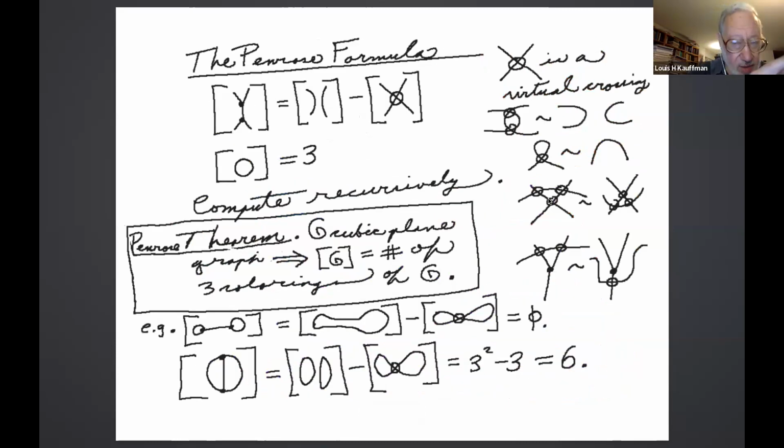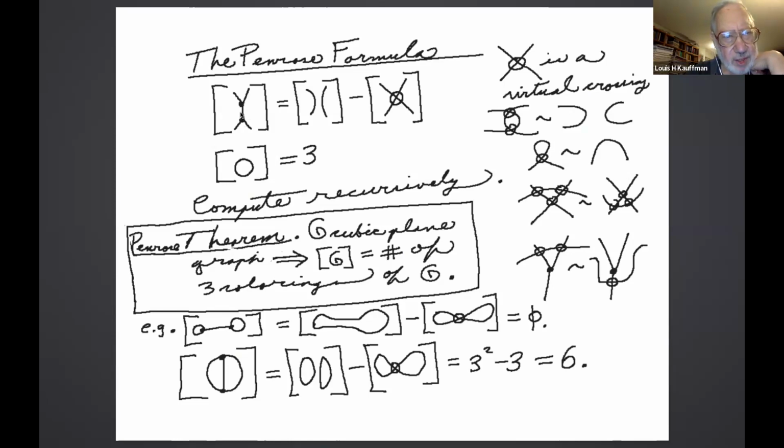Now, I'll come back to that, but here's the Penrose formula. This is found in a beautiful paper by Roger Penrose called On Applications of Negative Dimensional Tensors. And he says, you have a recursion formula, a skein relation.